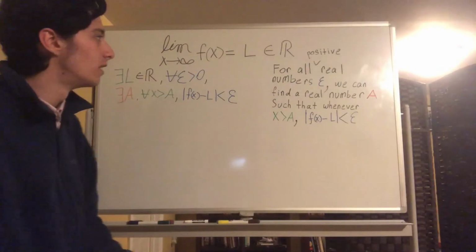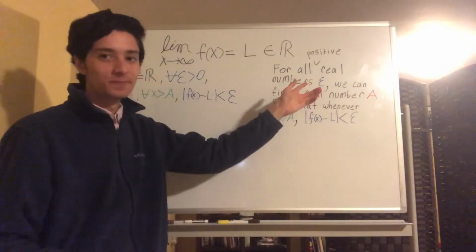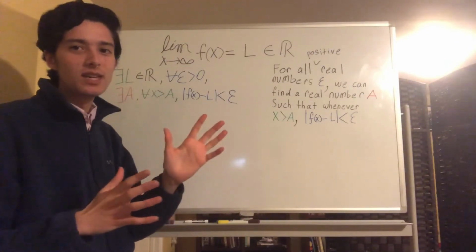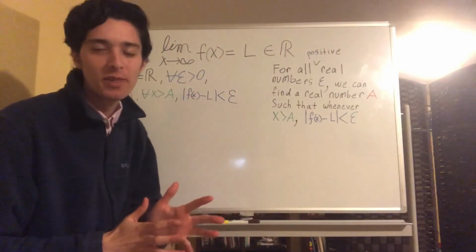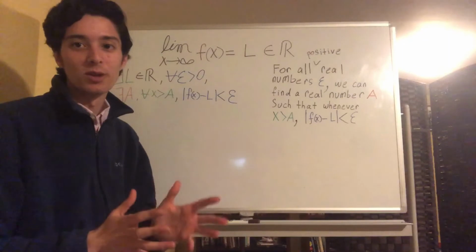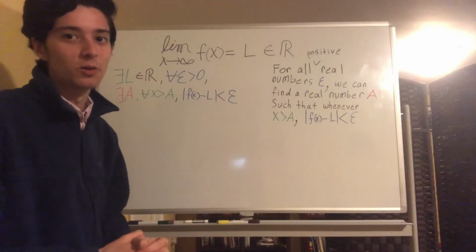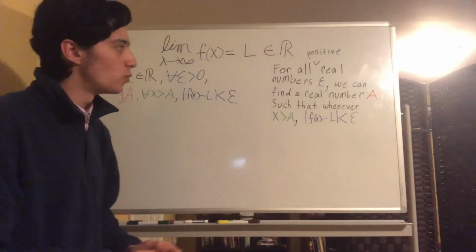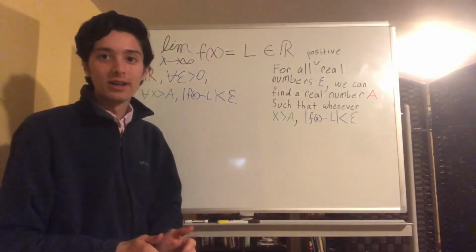we start with the epsilon. And epsilon can be as big or as small as someone puts. So in this case, someone chooses a really small epsilon. We can always find an x-coordinate, a.